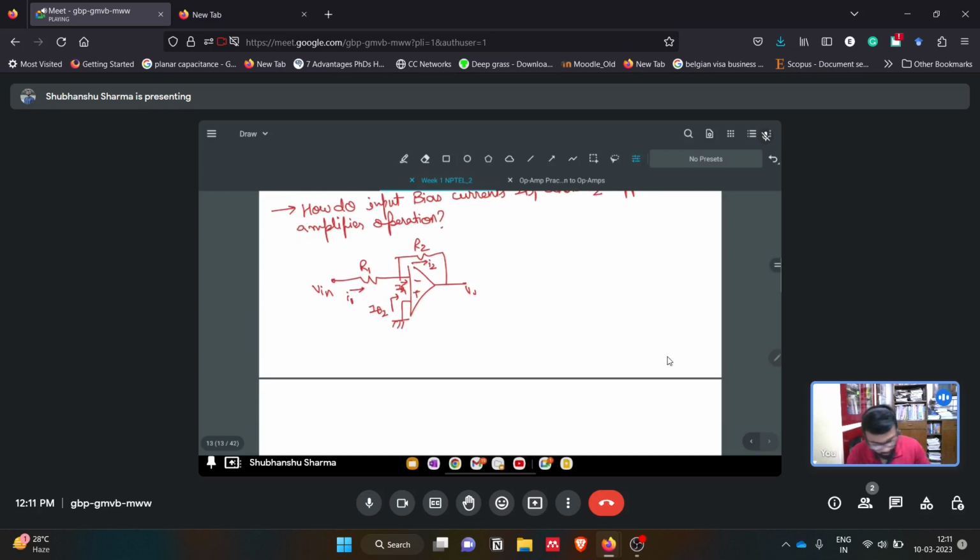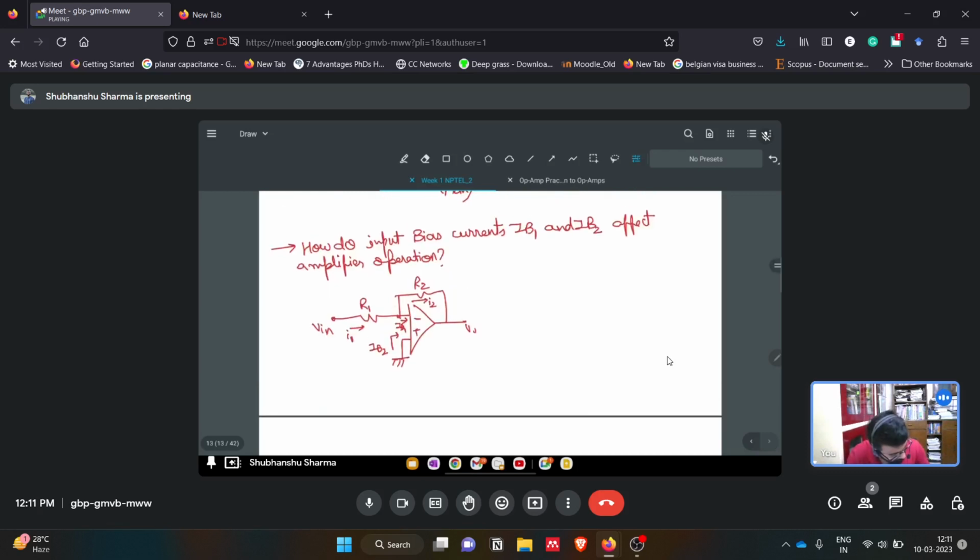So if we talk about KCL at this node A, I1 equals I2 plus IB1. So what is I1? Since this is a virtual short, and the non-inverting terminal is grounded, this will also be grounded. So it will be Vin by R1.